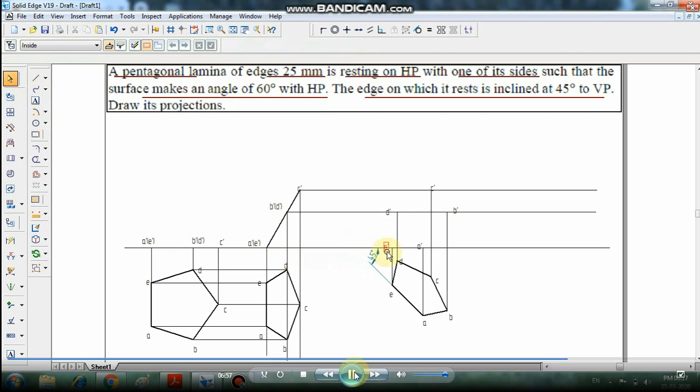Now with the help of line commands we can join all the intersection points: A dash to B dash, B dash to C dash, and so on, all the end points of the lines. Select the entities, make them a group, and the thickness should be 0.5 mm.